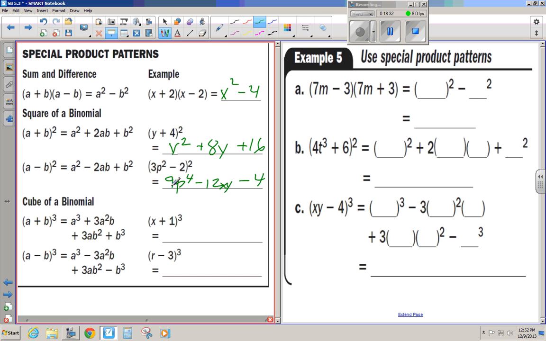All right, cube of a binomial. You just follow this pattern. X is A, 1 is B. So the first part is 1x cubed. Then it's plus 3 times A, which was x, squared, times 1. And then plus the last one cubed.